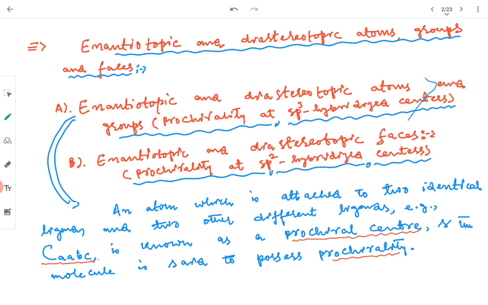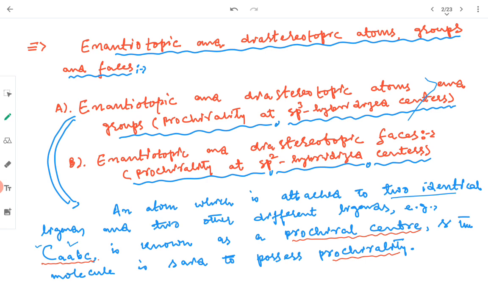An atom which is attached to two identical ligands and two other different ligands, for example, a compound of the type CAABC. C is the central carbon, AA means two similar groups are attached, and B and C are different.